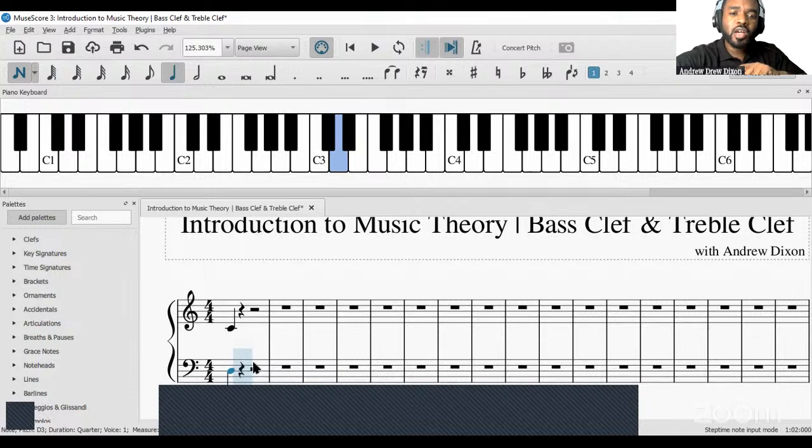So you have to be looking at both clefs as you go across. Whichever notes are on the treble clef, which is above, would usually be played by your right hand, and whichever notes are on the bass clef, which is below, would normally be played by your left hand.